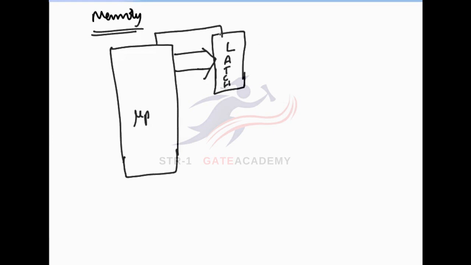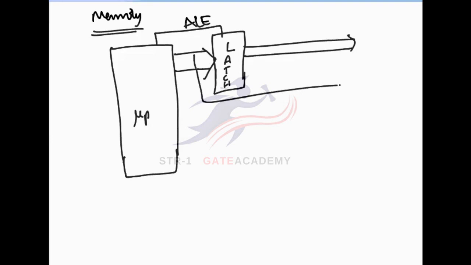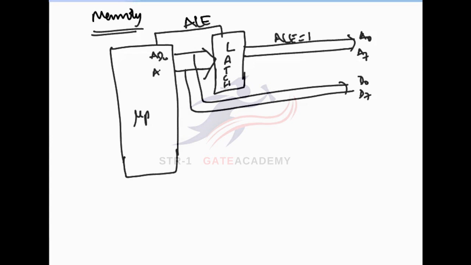This latch is connected with ALE, address latch enable, which is used for demultiplexing the address bus and data bus. This is D0 to D7 and this is A0 to A7. If ALE is 1, all these lines act as the address bus, internally AD0 to AD7. And if ALE is 0, all these act as the data bus.